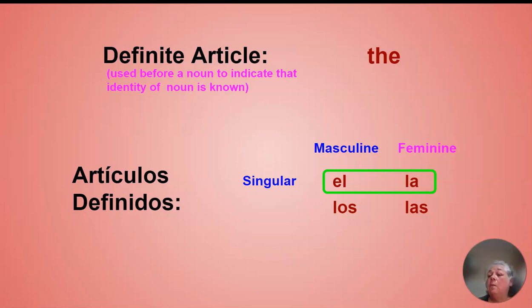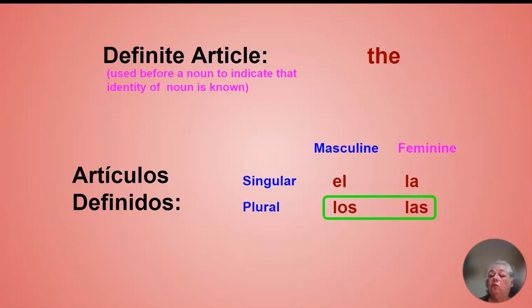If we have more than one, we call that plural. And we again have 2 options of artículos definidos in Spanish, one for masculine and one for feminine, los and las. For today's lesson, we're just going to concentrate on the singular definite articles, the one for masculine el and the one for feminine la.